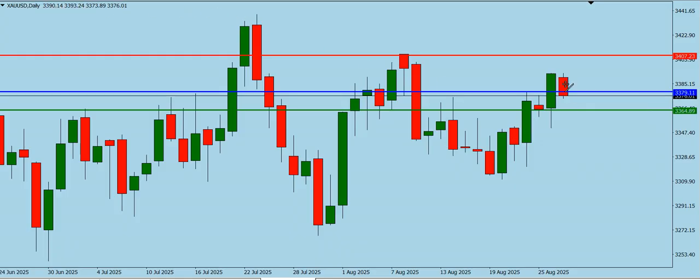Price was unable to get to the first resistance, but for now price has dropped below the pivot line. Price is attempting to get to the first support, which is at 3364.89. But in the long run, I see price getting to the first resistance.